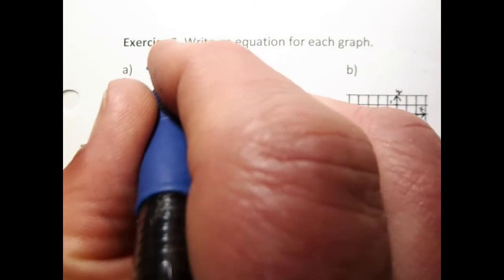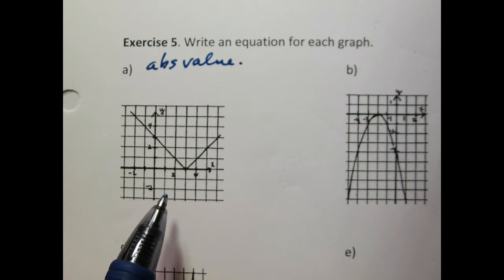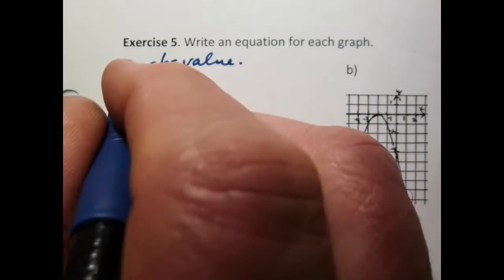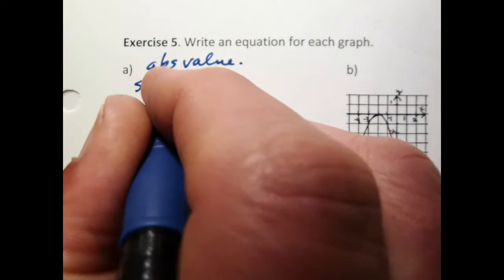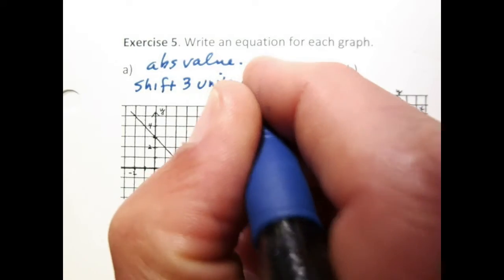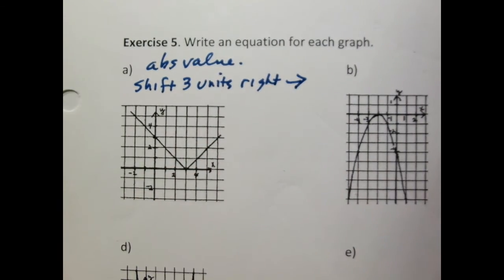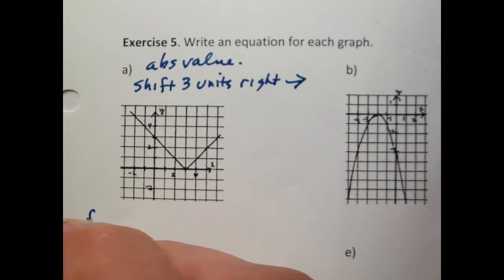And A, we know we have an absolute value function. And when I look at the shift here, it looks like we're shifting 3 units to the right. And I think that's the only transformation that's involved.